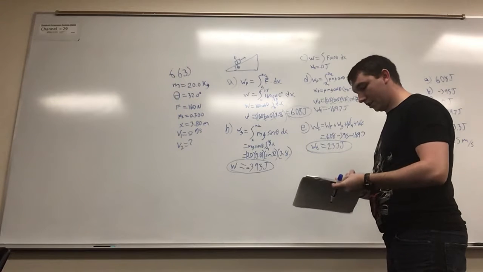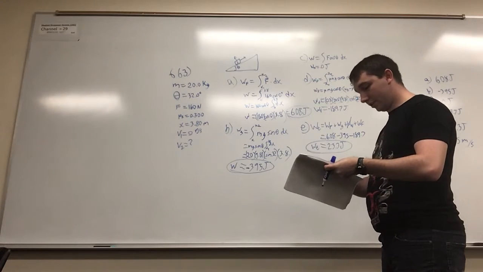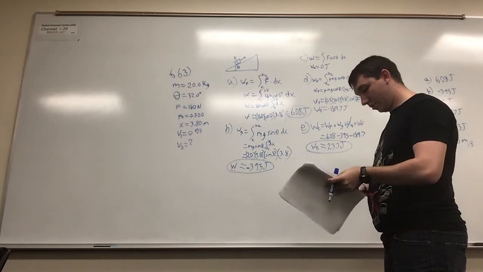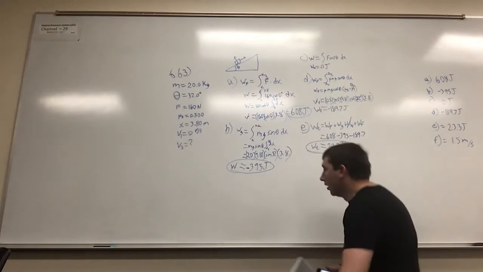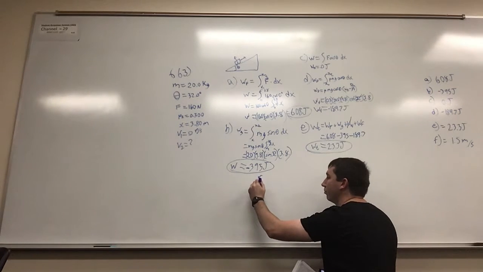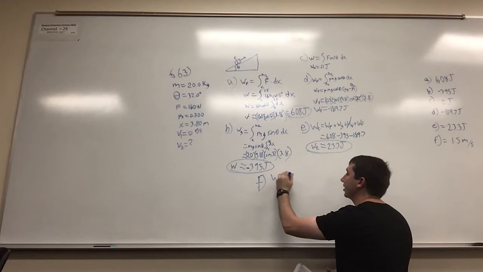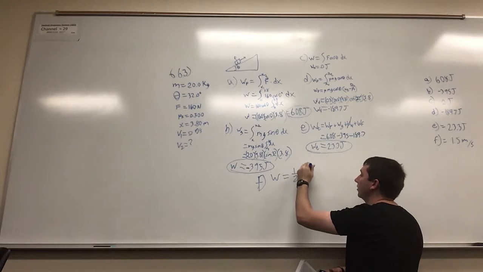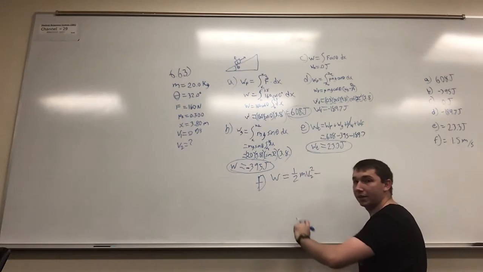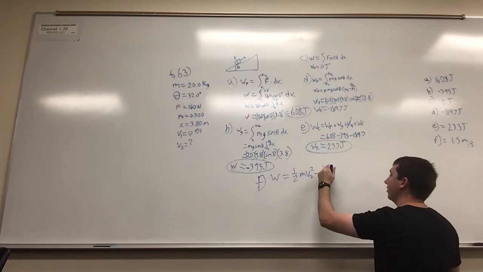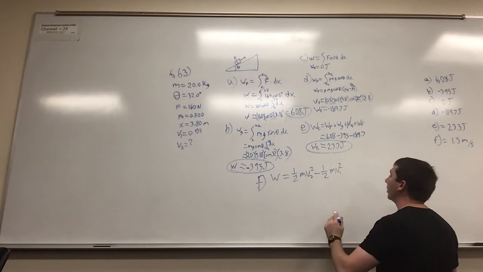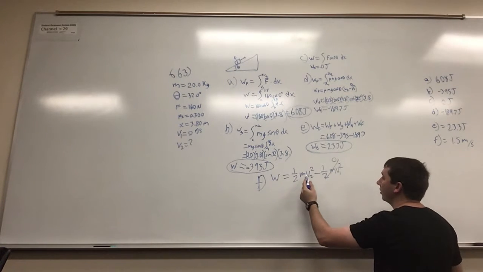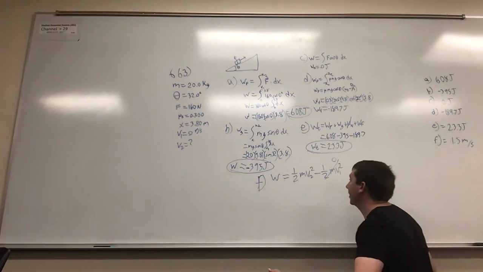To solve that one, we know that the work is going to be equal to 1/2 mass times the second velocity squared, minus 1/2 mass times the initial velocity squared. We know that the initial velocity is 0, so this term goes to 0. We know the mass, and we're solving for the velocity.